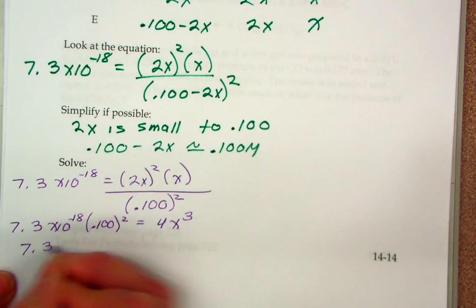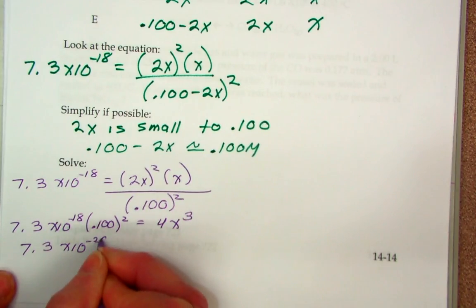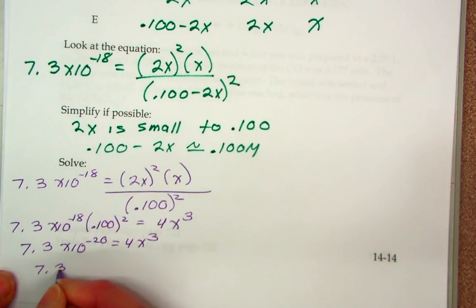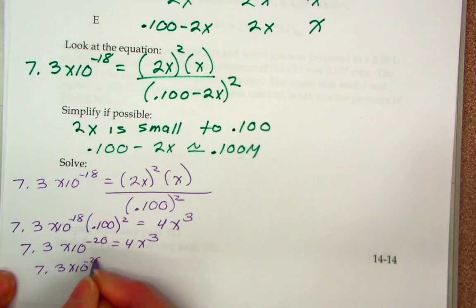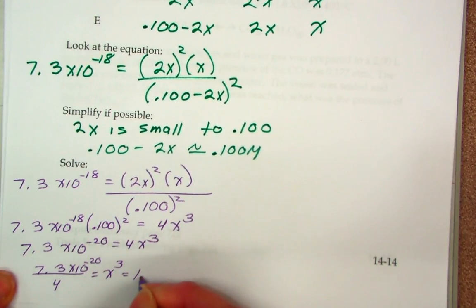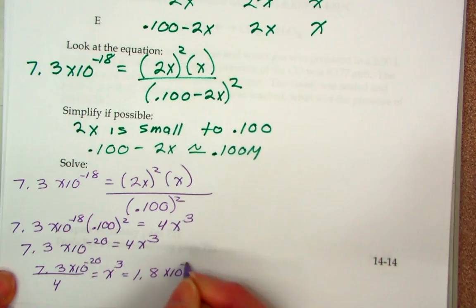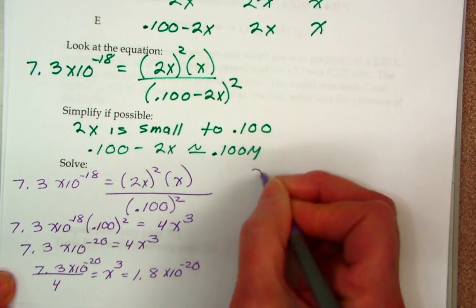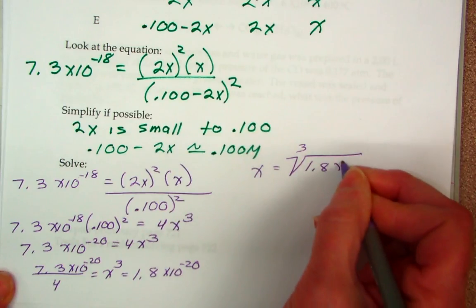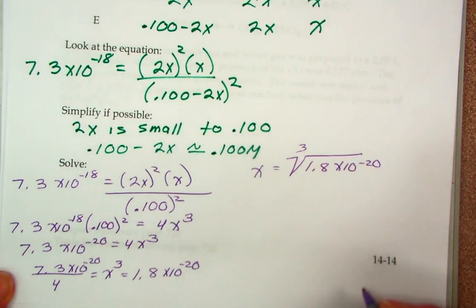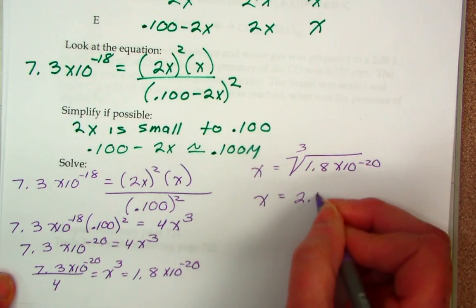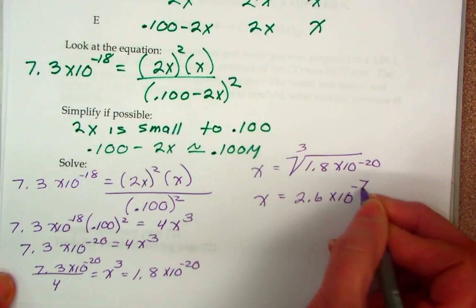So 7.3 times 10 to the negative 20th is equal to 4x cubed. 7.3 times 10 to the negative 20th divided by 4 is equal to x cubed, which is 1.8 times 10 to the negative 20th. So x is equal to the cube root of 1.8 times 10 to the negative 20th. So x is equal to 2.6 times 10 to the negative 7th molar.